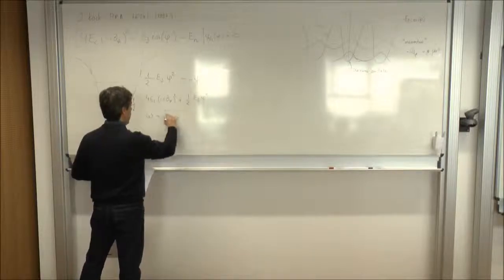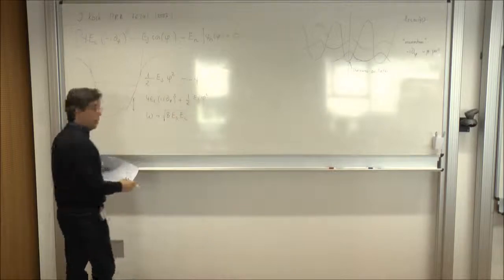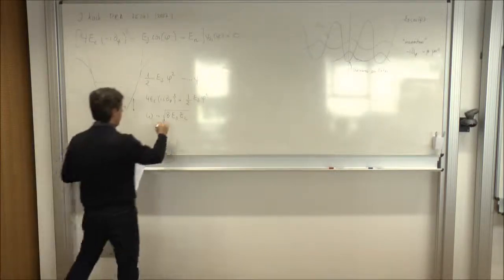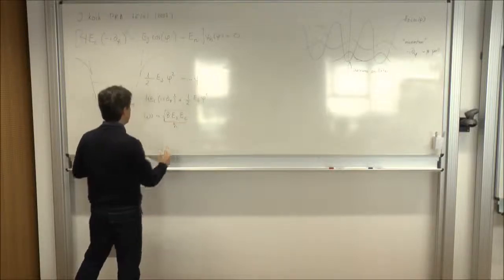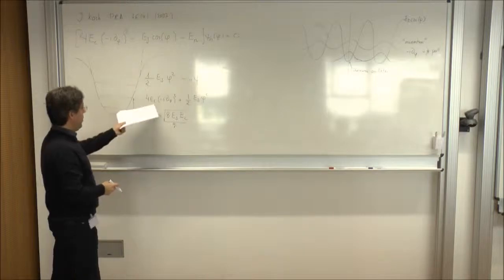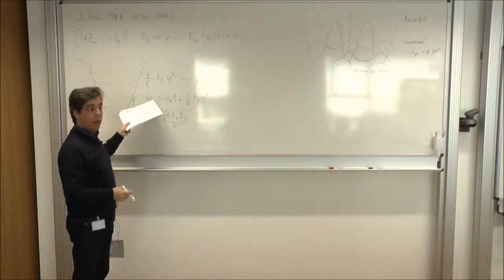that goes like the square root of 8 EJ EC, divided by h bar, which comes simply by taking a Gaussian wave function and injecting it here.